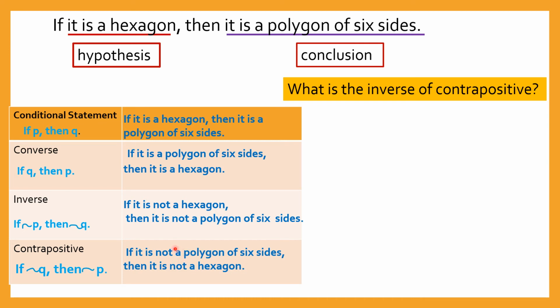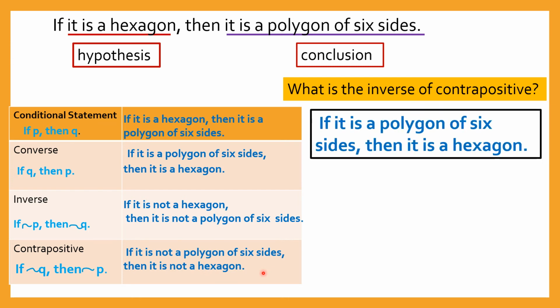It means this not is no longer there. The negation of a negative becomes the positive. So we are just going to eliminate the word not here. So if it is a polygon of 6 sides, then it is a hexagon. That would be the statement.